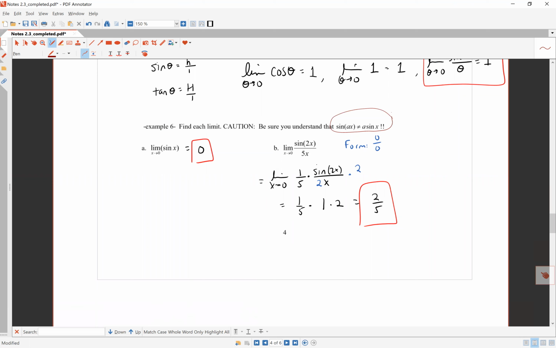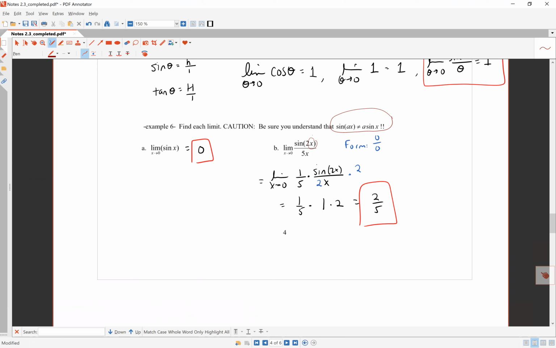What some students try to do is just pull that 2 out of sine 2x, and you really can't. When we evaluate this limit, we need to get it in the form of sine of 2x, and we need to get a 2x in the denominator. Notice there's a 2x inside sine of 2x.